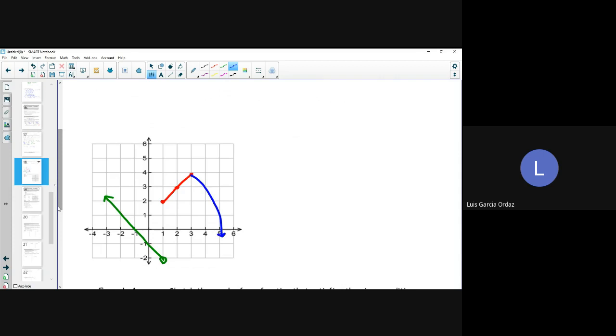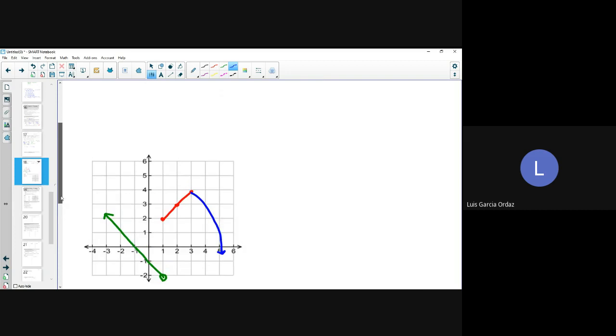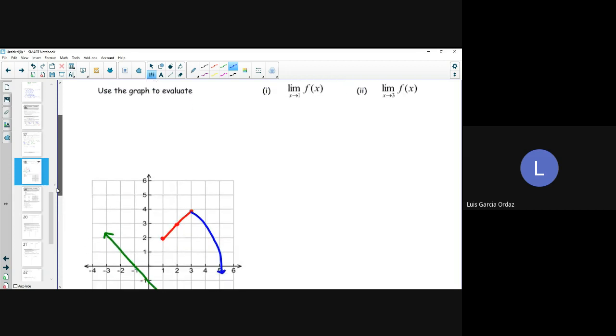Okay, so now we're going to be able to find our limits. So for the first one, we need to find the limit as x approaches 1 of f of x. So does the limit exist for that or does not exist for that? And explain why. So remember, we're approaching 1 from the right, and we're also approaching 1 from the left.